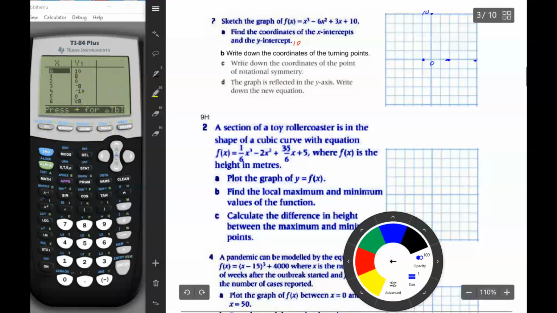Okay, this is 5. And so part of the graph looks kind of like this. And then it goes down, and 4 comma negative 10 is another point.